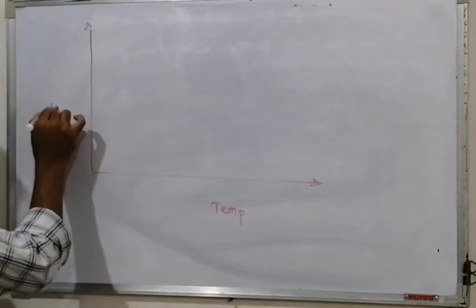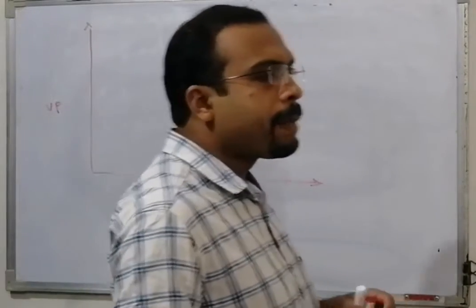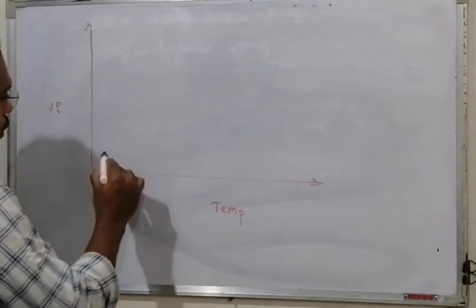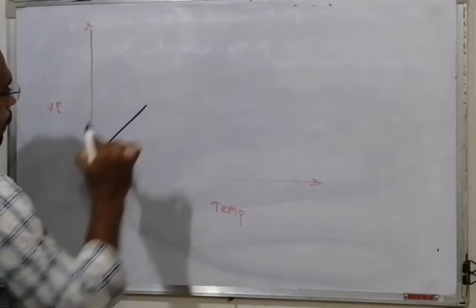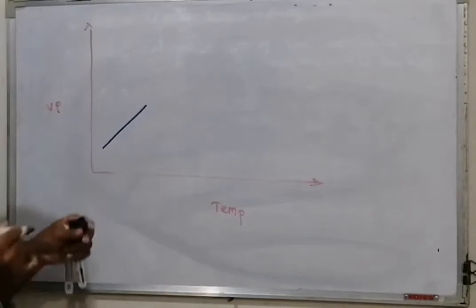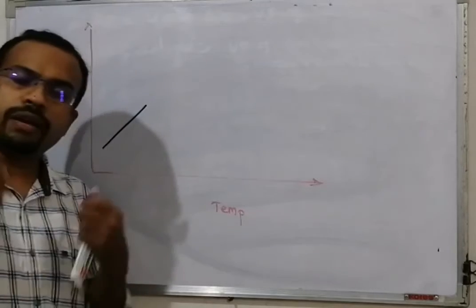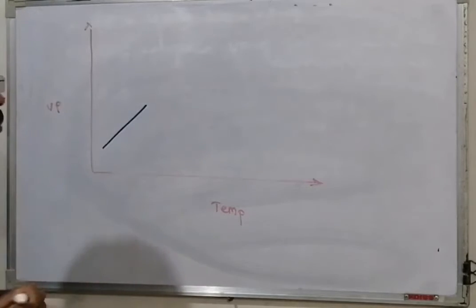This is vapor pressure. Suppose I draw a graph like this. Temperature increases, vapor pressure increases. That is the case for every state, whether it is solid or liquid. When temperature increases, vapor pressure increases.